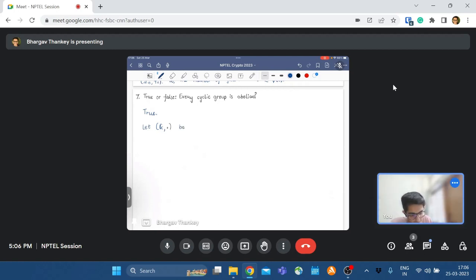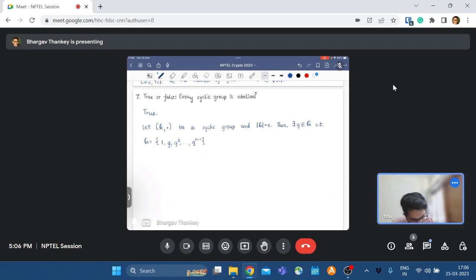Because every element comes from the cyclic group. Let me say that the size of G equals n. There exists an element g in G such that G is equal to {1, g, g squared, and so on up to g to the n minus 1}.